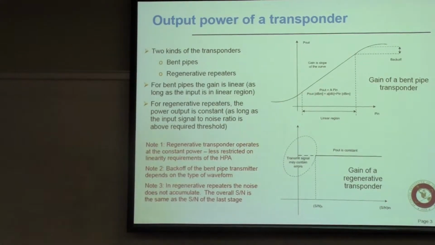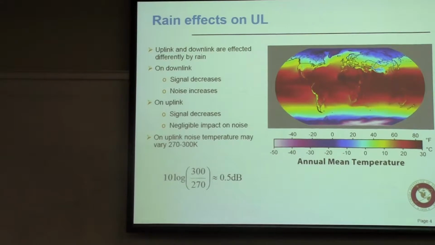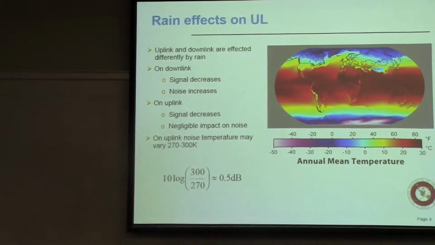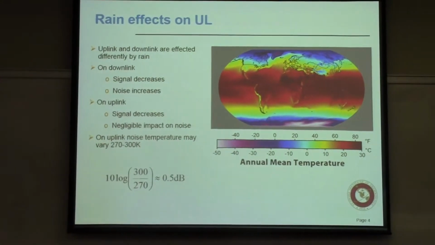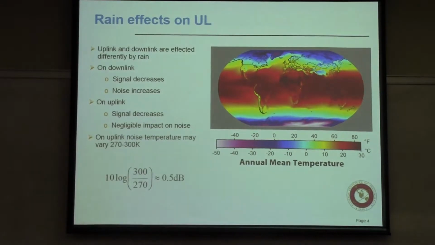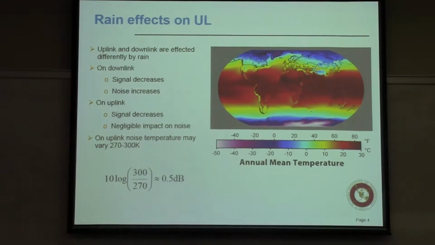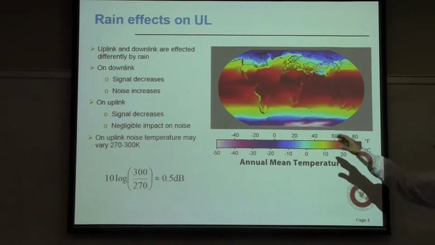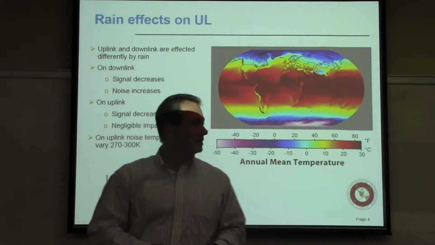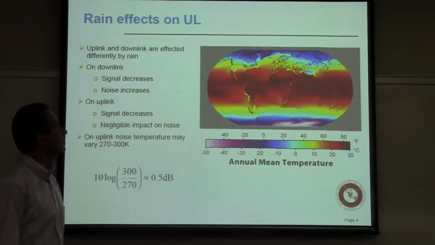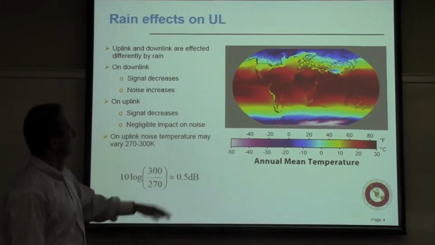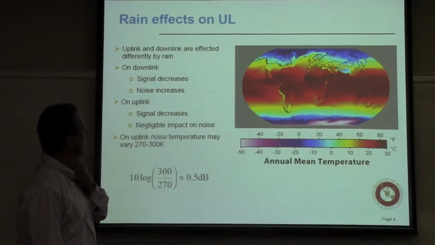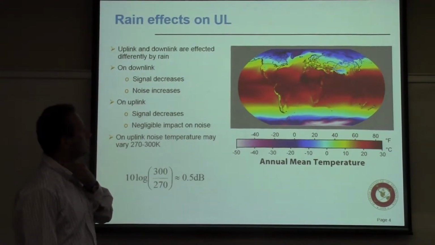Now, one thing that I also mentioned last time is that when it comes to the uplink, what is within view of the antenna is warm earth, right? So there is no background variation in the temperature. What you see here is the temperature of the earth as a function of latitude, and this is an annual mean temperature.